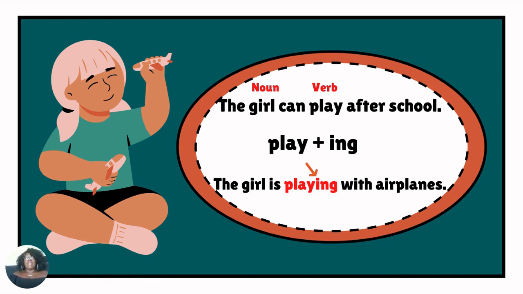The girl can play after school. Play plus ing becomes playing. Notice the arrow and the red word. The girl is playing with airplanes. Playing is the action verb showing physical movement. Next slide.